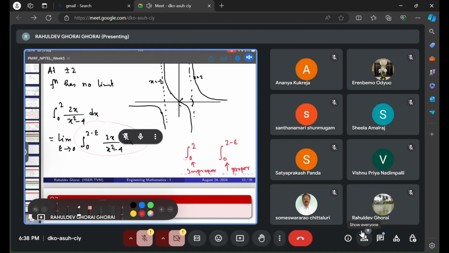So mainly what we usually do is transform an improper integral to a proper integral and then take the limit. That's what we are doing.